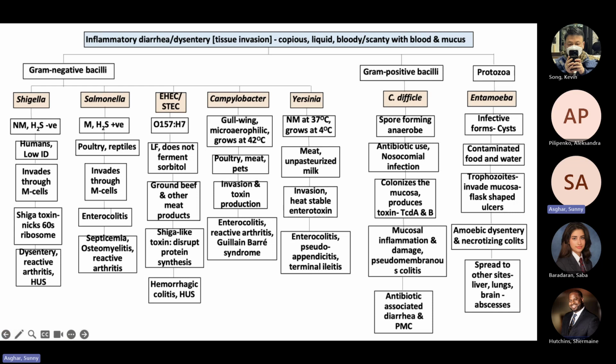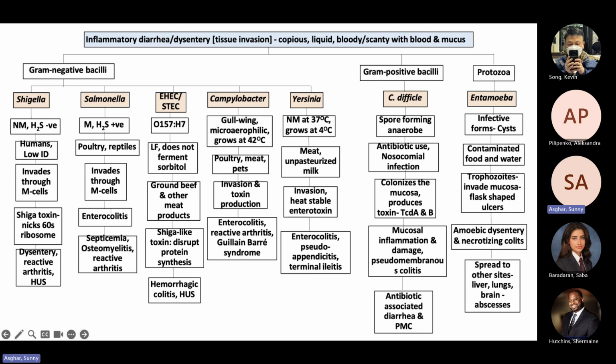But okay, so this number, 0157:H7, we have to know it, because they can ask you questions just based off of this alone. So it is important to know what this stands for. It does not ferment sorbitol, right?